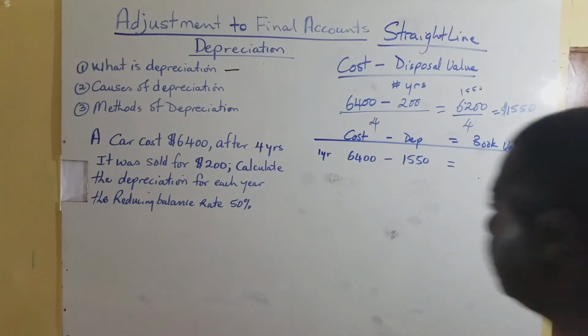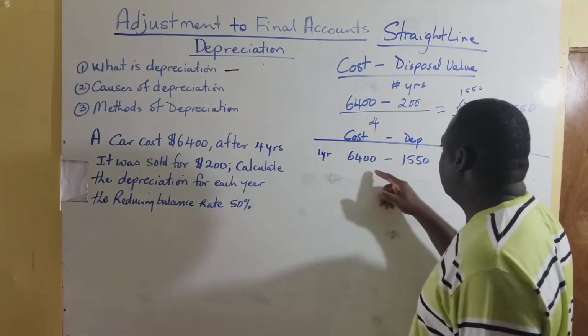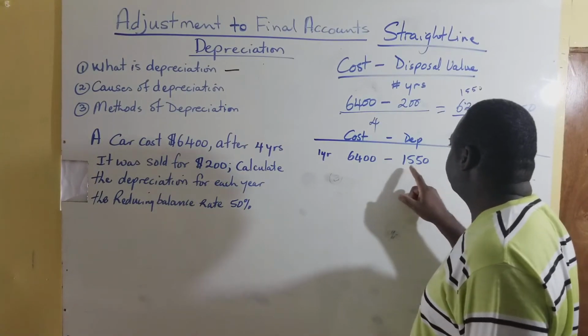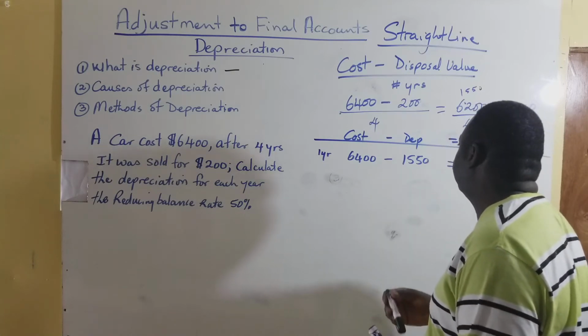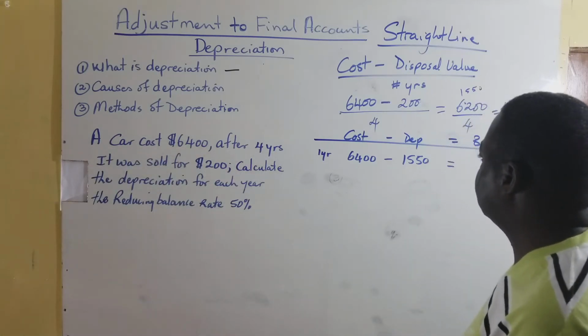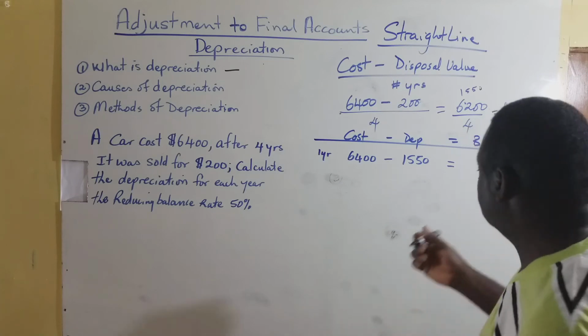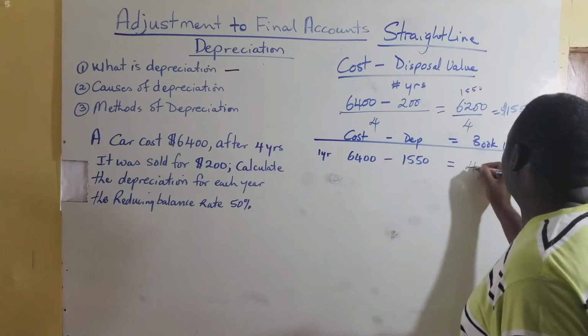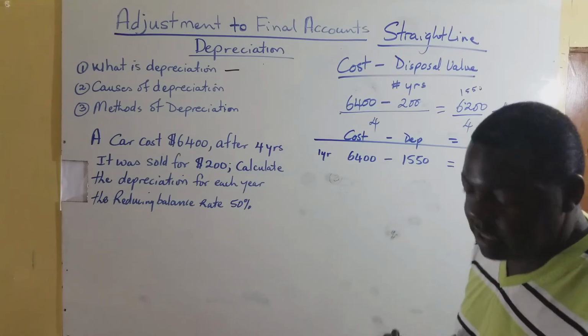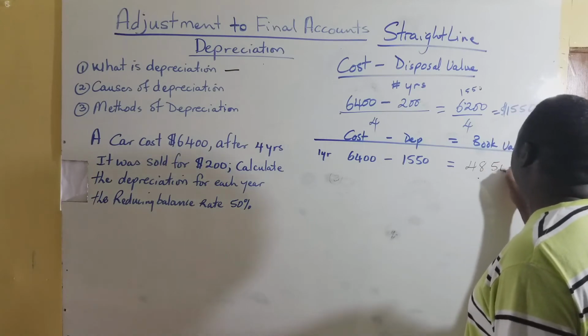When we subtract the 1,550 from the 6,400, we should be getting something like 4,850.